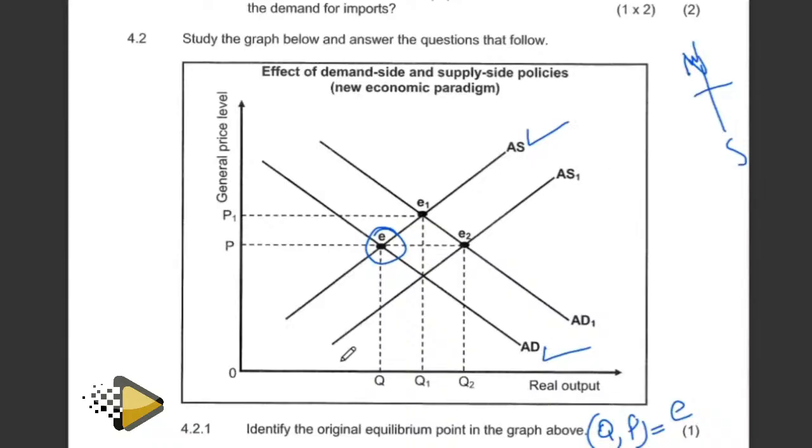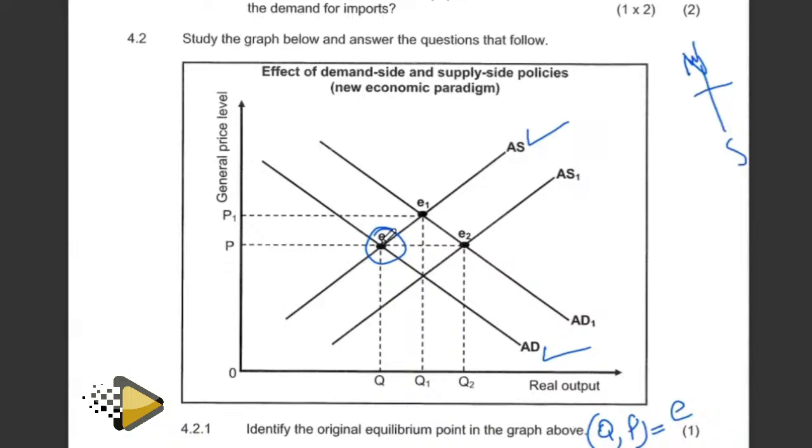Let's check the effect of demand side and supply side policies. Originally in this graph, we have the original aggregate supply curve as AS, and the original aggregate demand curve as AD, and the equilibrium was at E, meaning this was our first equilibrium.